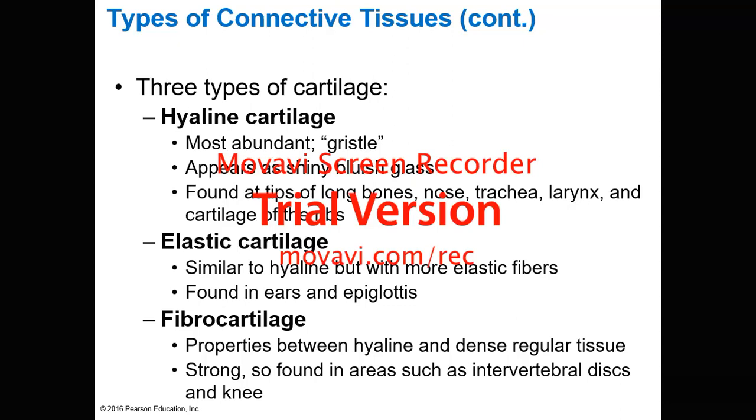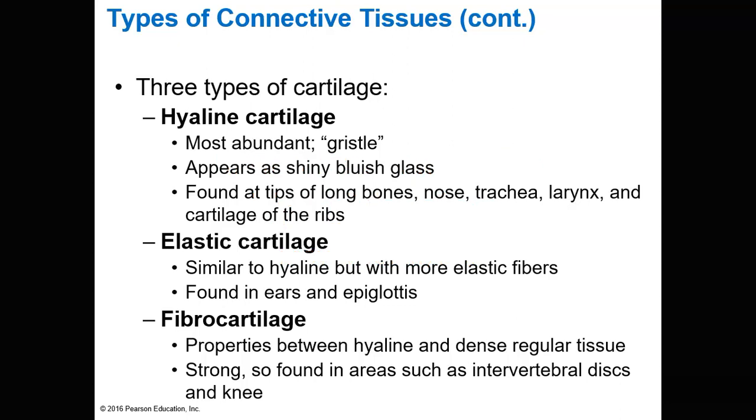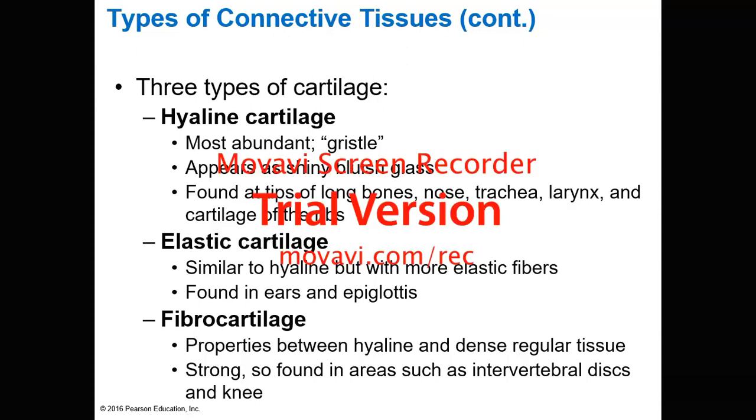Just a side note, that's why if you rub a newborn baby's head a lot, you can actually change the shape of its skull, because the skull hasn't calcified yet. It's still hyaline cartilage.